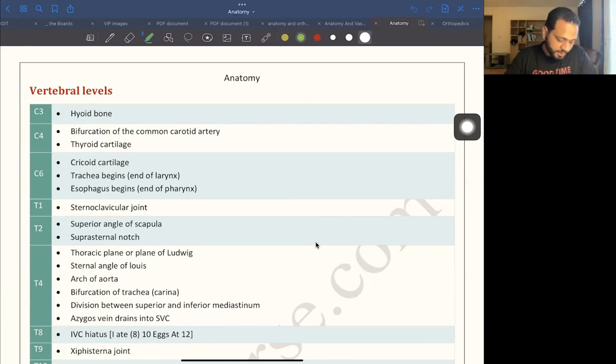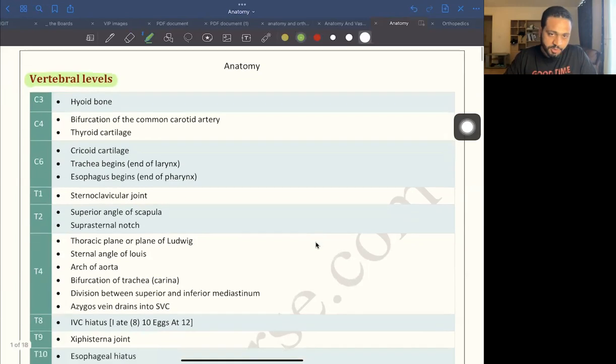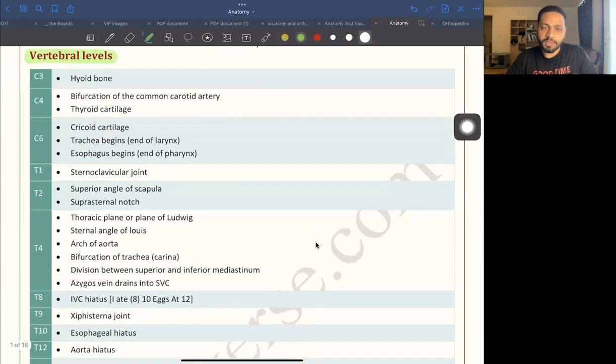So here, first thing is something called the vertebral levels. This is actually a very common question. To be honest, not all of them are very important, but they come in MCQ. They always come in MCQ, but I would say not all of them. So we're giving you all the levels with all the common structures that pass at that level.